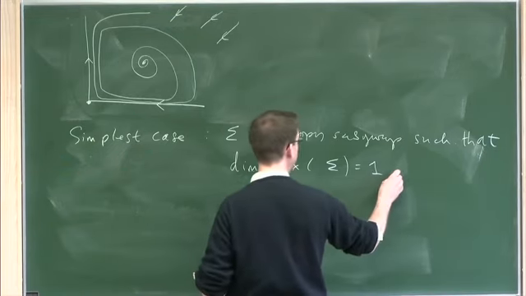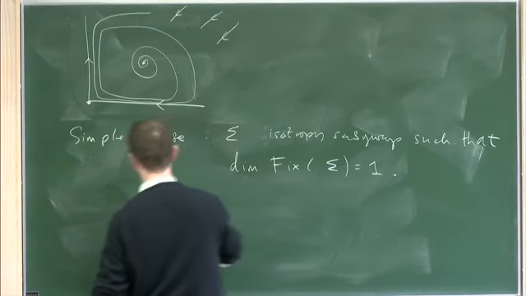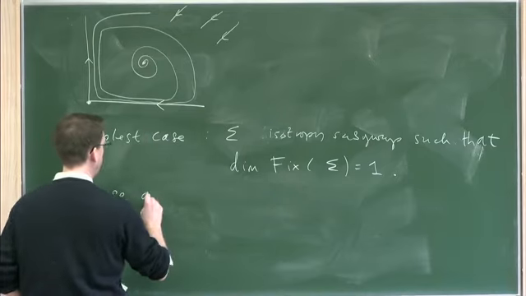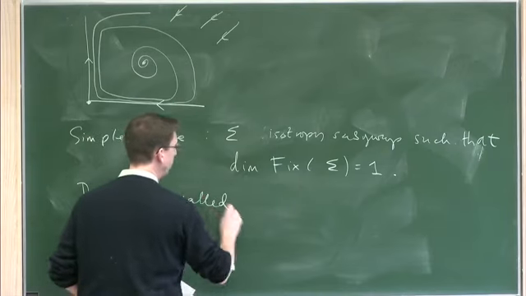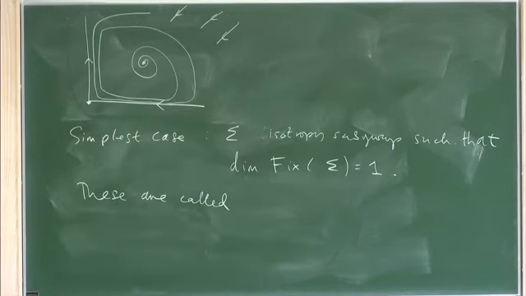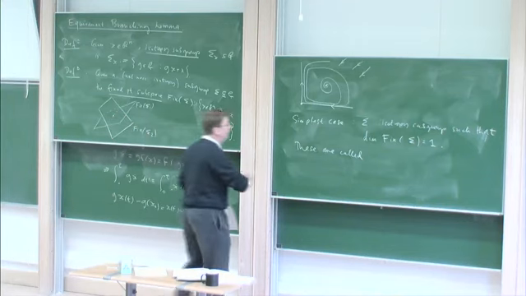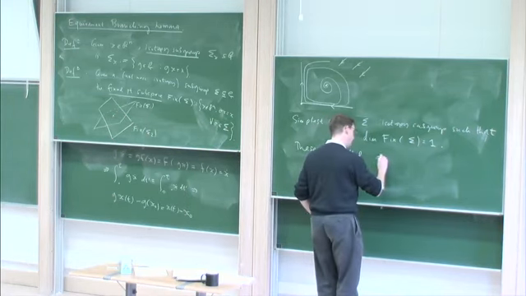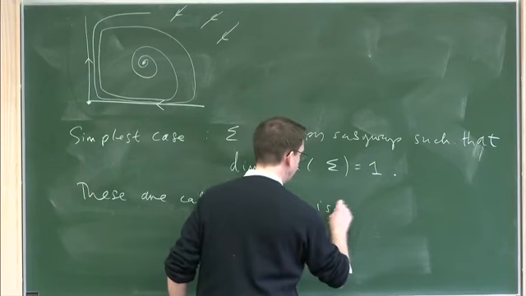And these are useful enough to get a name. If I have a one-dimensional fixed point subspace, that's just a line in my phase space, so these are called axial isotropy subgroups.